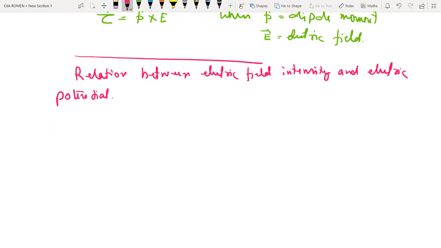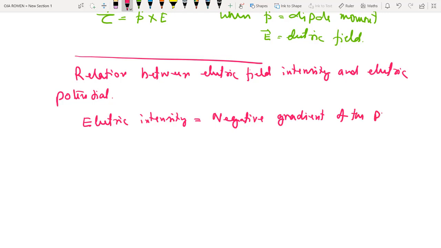The electric intensity is defined as negative gradient of the potential function.